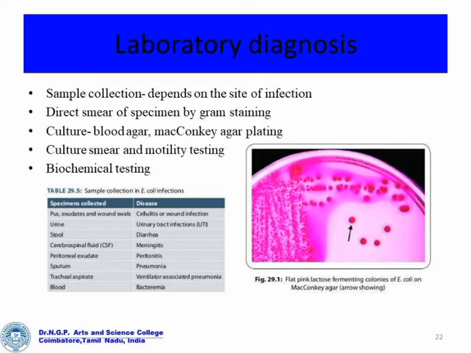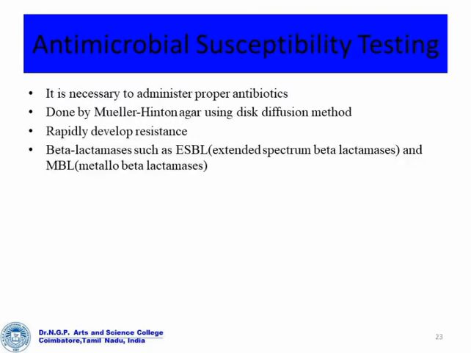This is the flat pink lactose fermenting colonies of E. coli on MacConkey agar. And the antimicrobial susceptibility testing, it is necessary to administer proper antibiotics. It is done on Mueller Hinton agar by using the disc diffusion method.